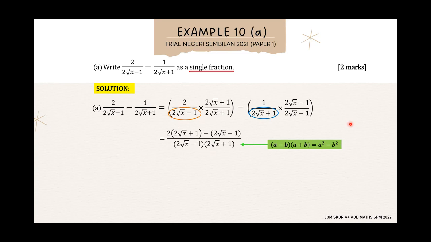Tengok pada bahagian denominator, ada lagi dalam bentuk A minus B multiply by A plus B. So, sekarang nilai A kita apa? Okay. Kita boleh denotekan nilai A kita sebagai 2 third x. Okay. Dan nilai B kita sebagai 1.